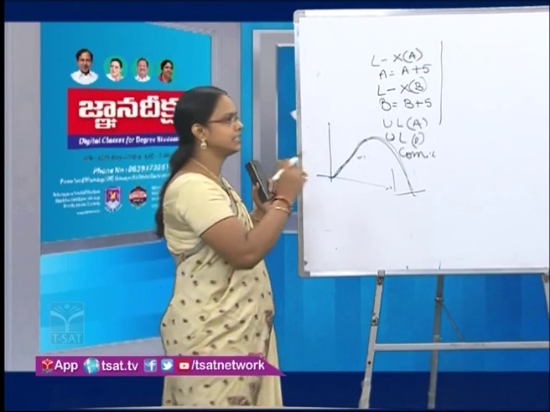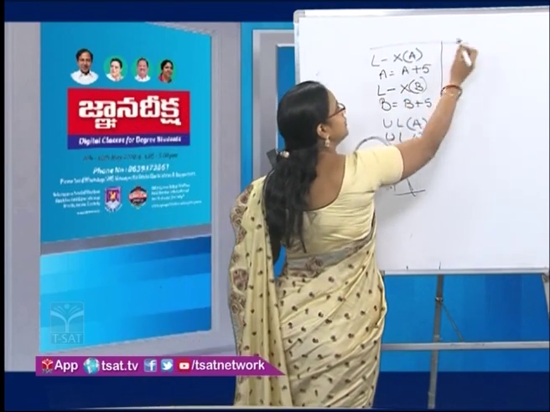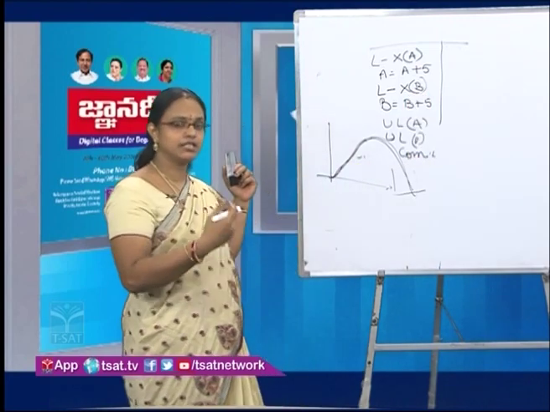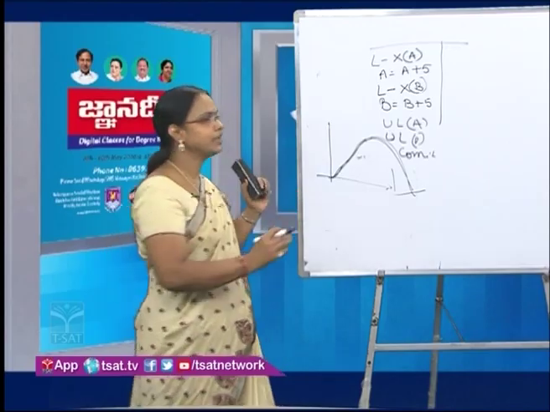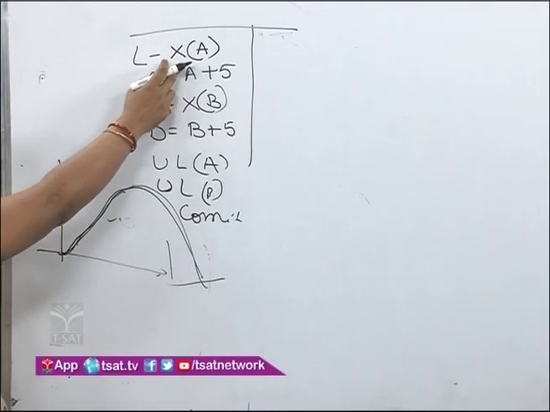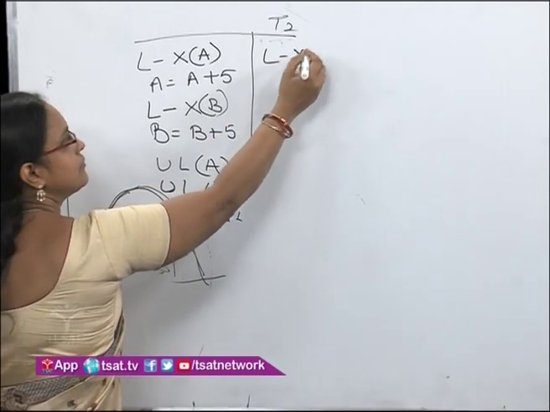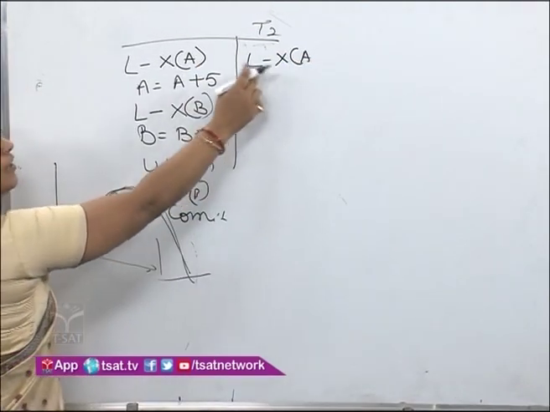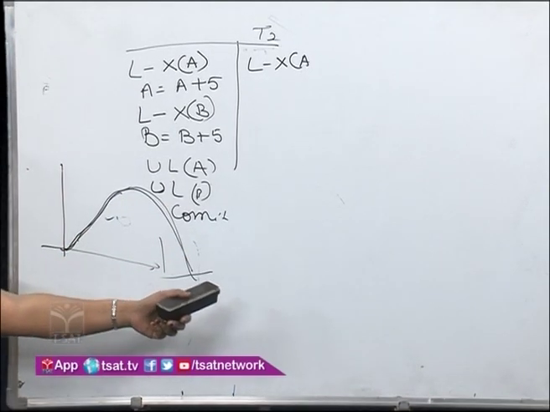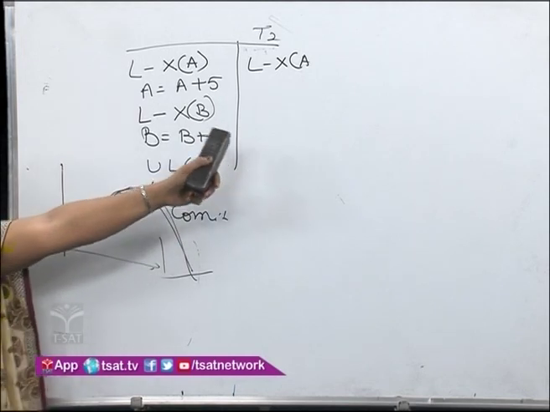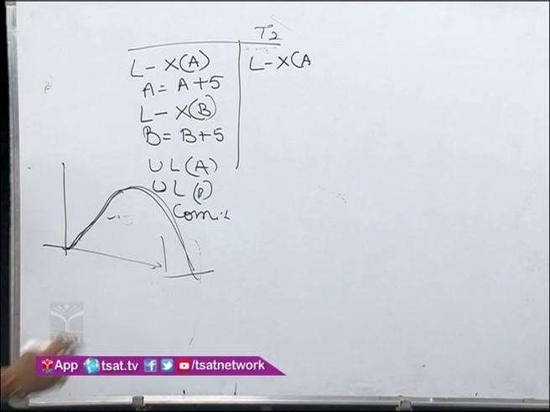See here, I want to change the values of A and B. Transaction T2, another teacher, also wants to change the values of A and B. Now, I have already applied a lock on A. Transaction T2 also applies an exclusive lock on A, but this lock will not be granted to her as I have already applied it. Until I release it, this database object cannot be used by that teacher, so she has to wait.